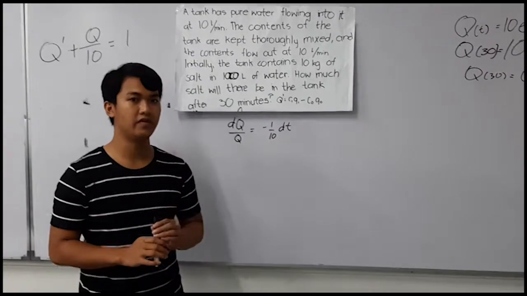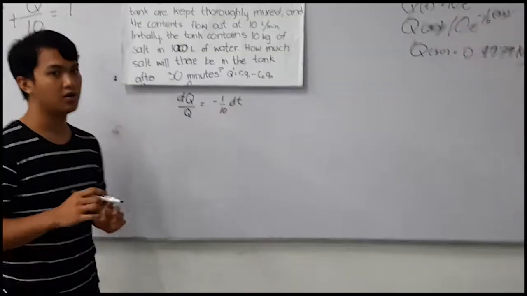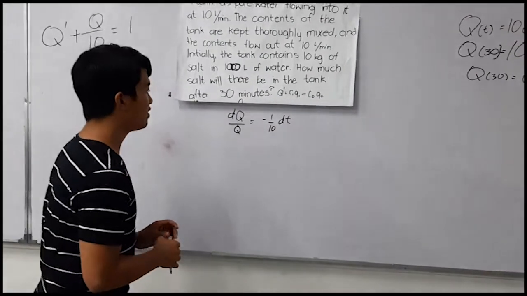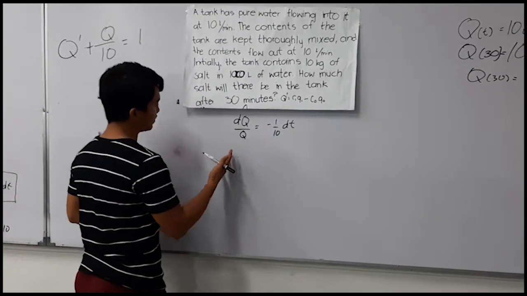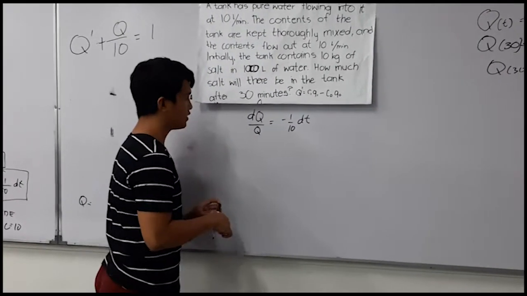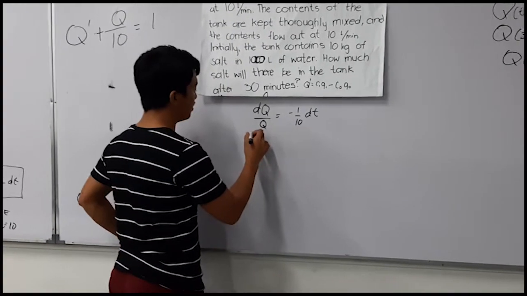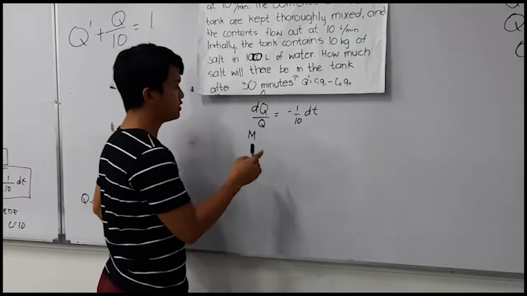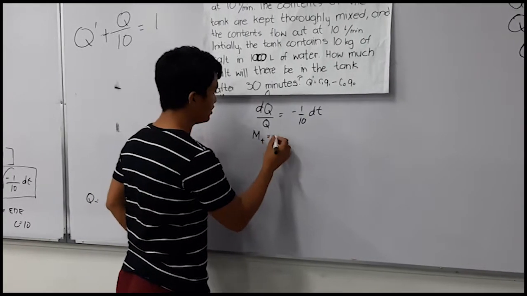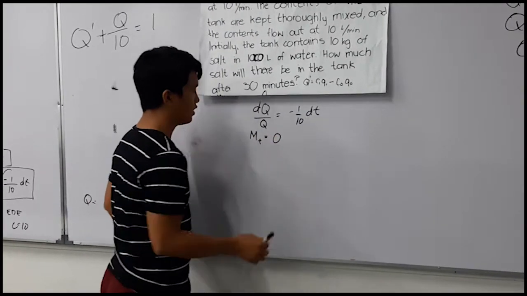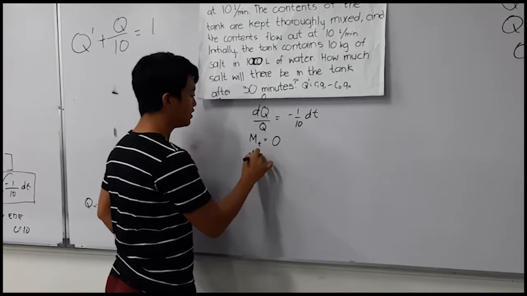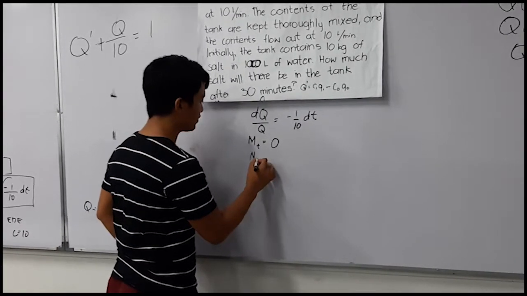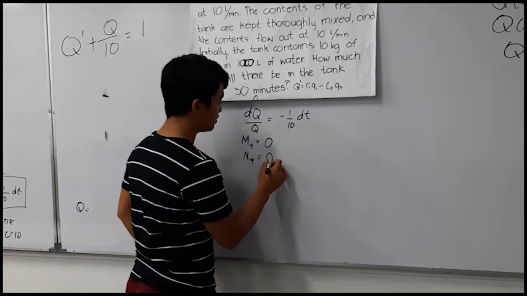For the exact differential equation, we're going to first prove the exactness of this equation. To find the exactness, we're going to take the partial derivative of M with respect to t, which is 0, and the partial derivative of N with respect to q, which is also 0.